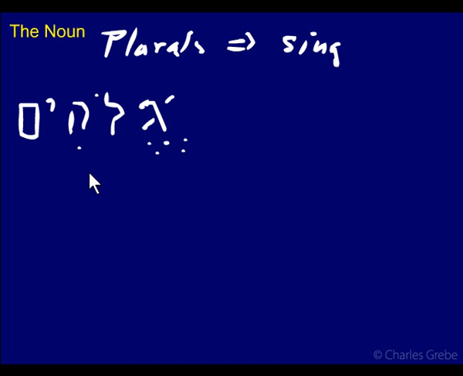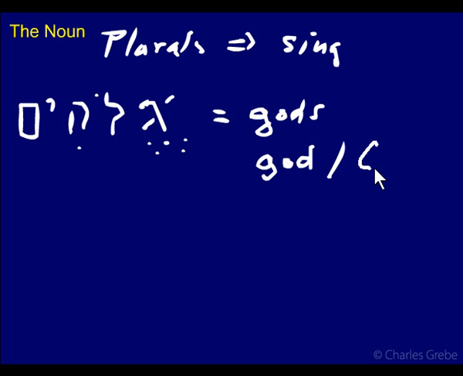It looks like a masculine plural word. We have the "im" ending here. This can mean gods in the plural, which is kind of what you expect because it's got the ending. But it can also mean God, small g, just a god. Or it can mean like the God of the Bible, which generally in English we would capitalize. So it can be singular or it can be plural. Here's a plural that can function as a singular. In fact, most of the time, Elohim simply means God, the God of the Bible. So it's usually used as a singular.